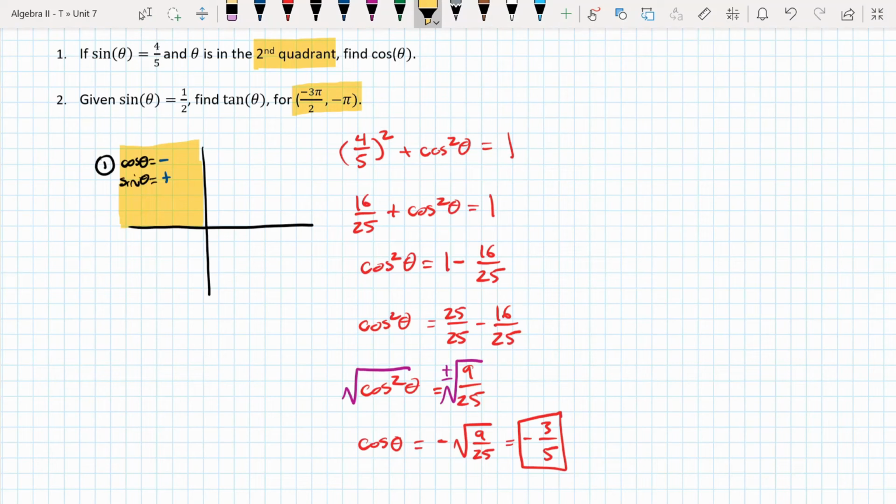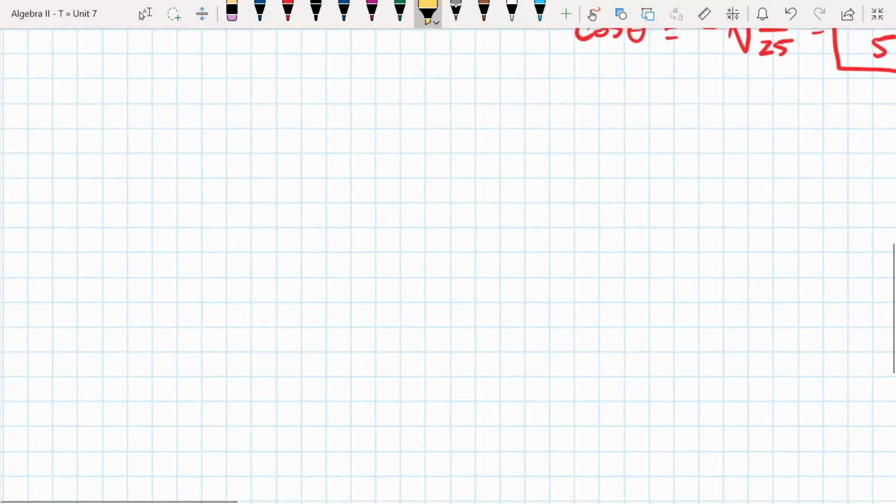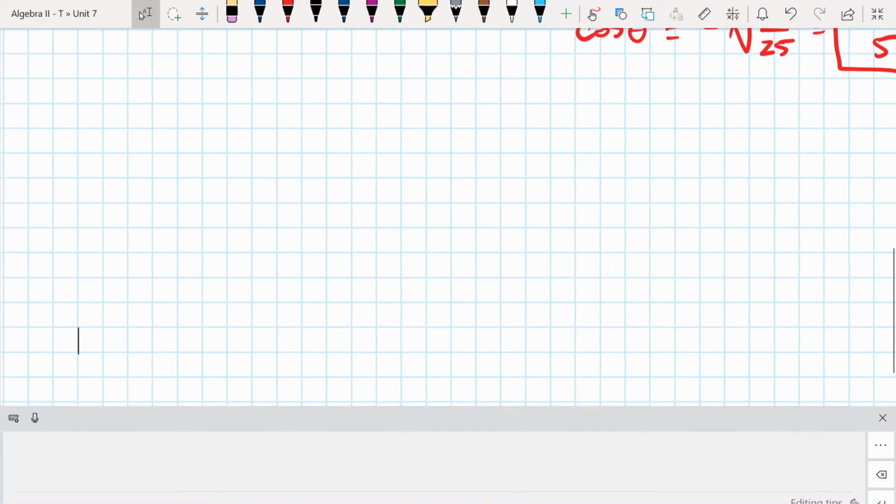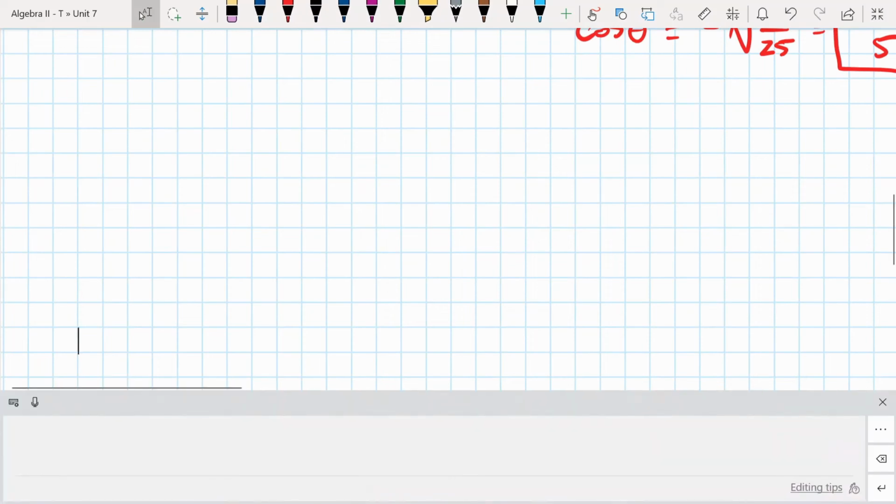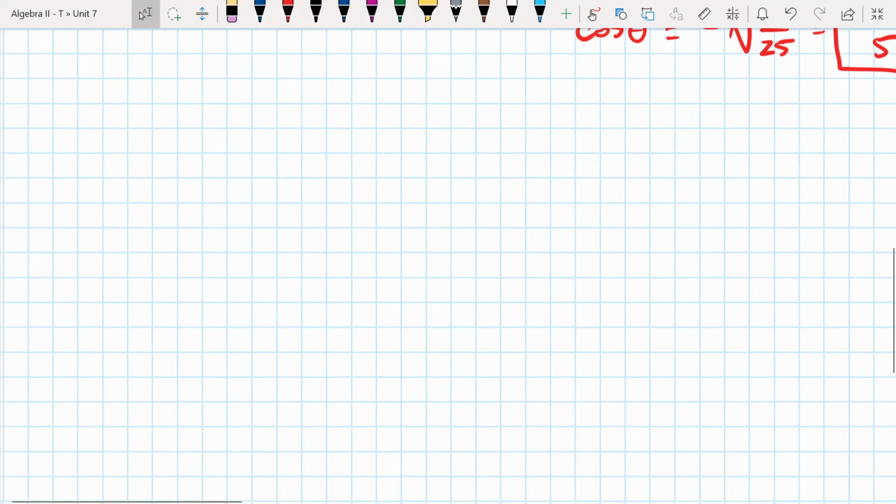So we want to find tangent given that sine is 1 over 2. Okay, we know tangent is going to be sine over cosine. So the first thing we want to do is let's just start by recognizing kind of where we're located on the unit circle. So sine theta is equal to 1/2.